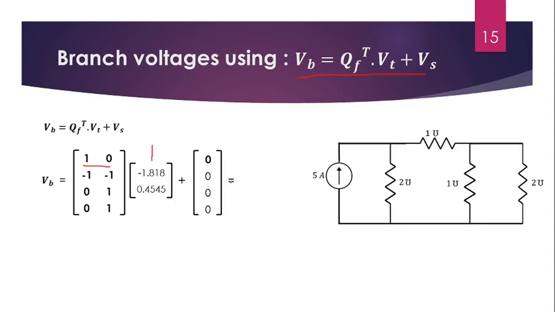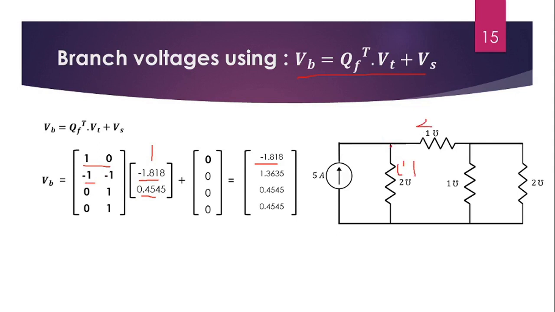First row, 1 into minus 1.8, we are getting minus 1.8, 0 into this one, so 0, minus 1, so minus into minus plus 1.818. So this is the branch 1 voltage.